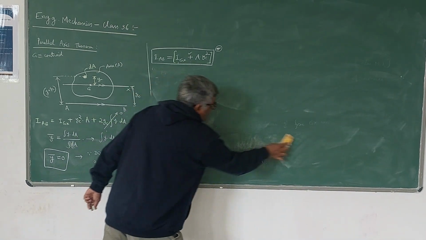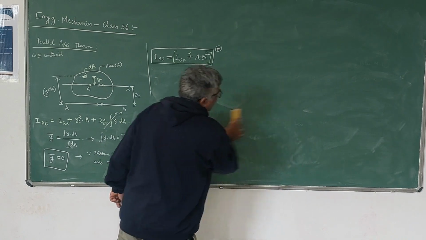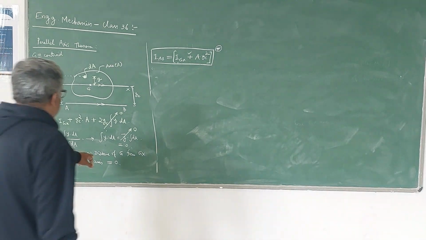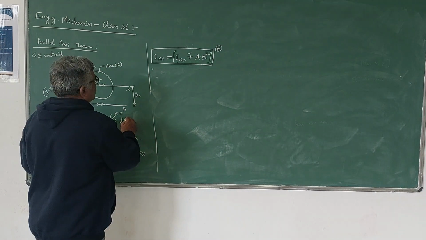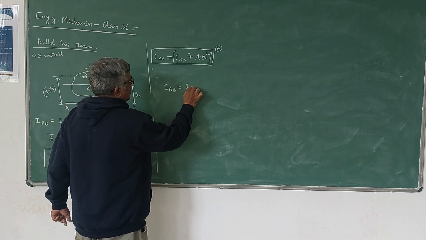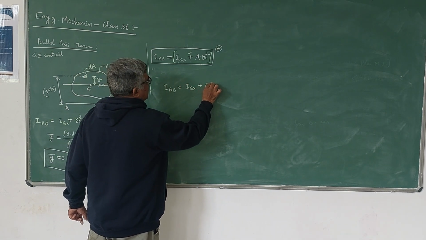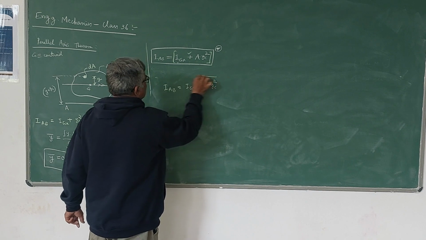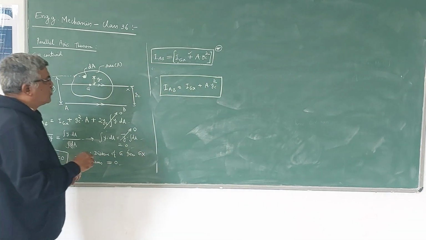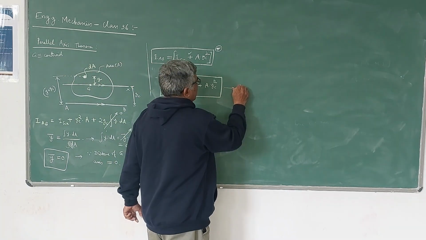So you have to write the statement, draw a diagram, and give a simple derivation in 3 steps, where this concept is very important. Once you take 0 here, you get I_AB equal to IGX plus A into yc squared.